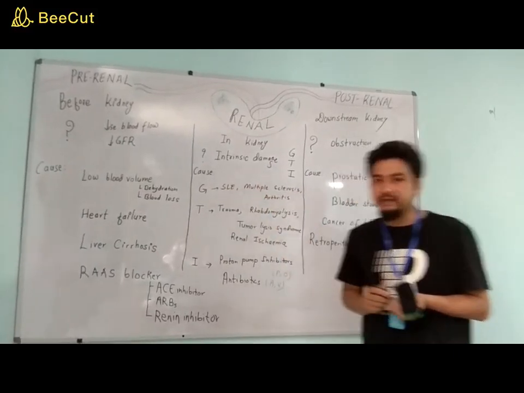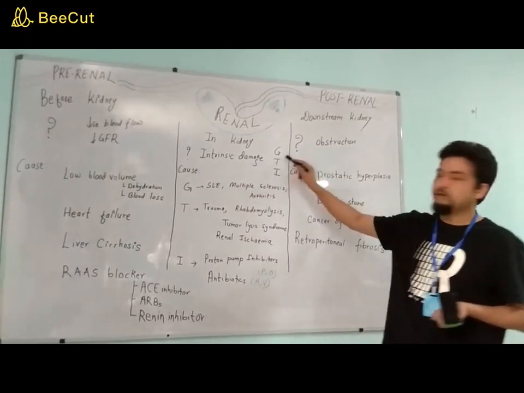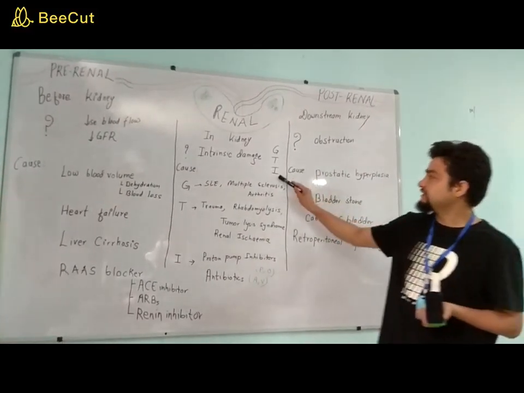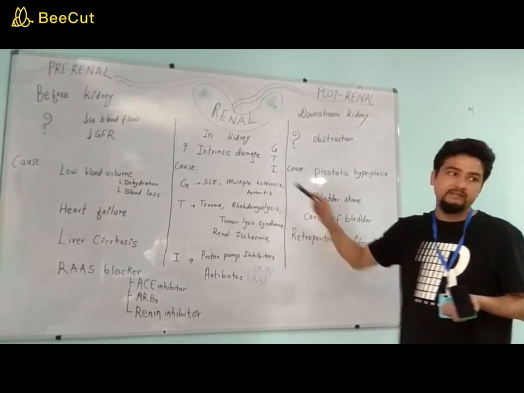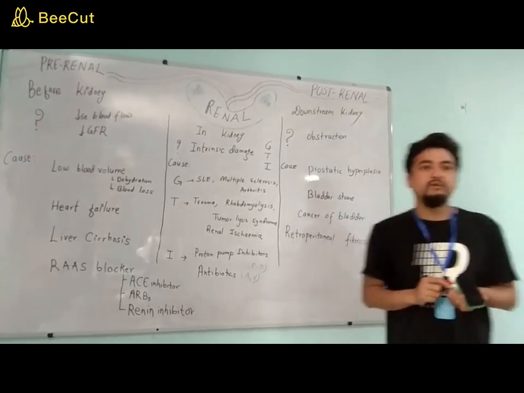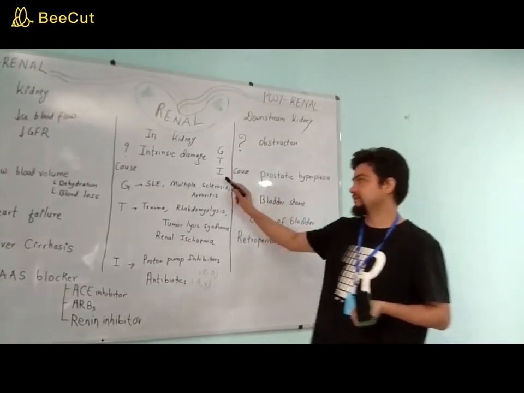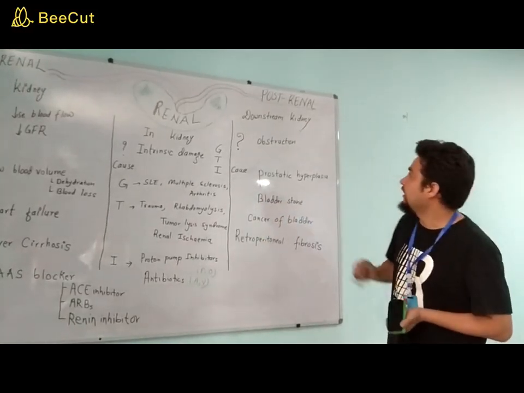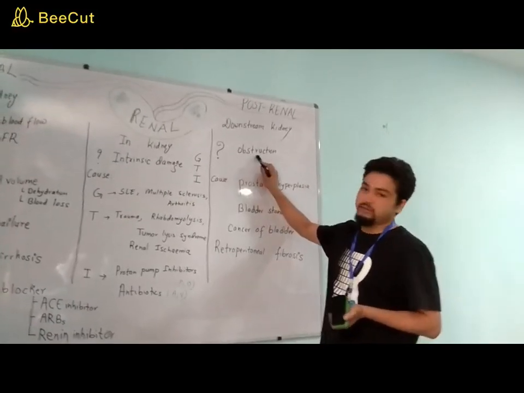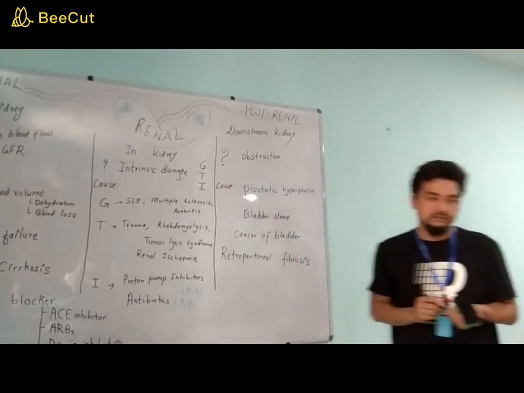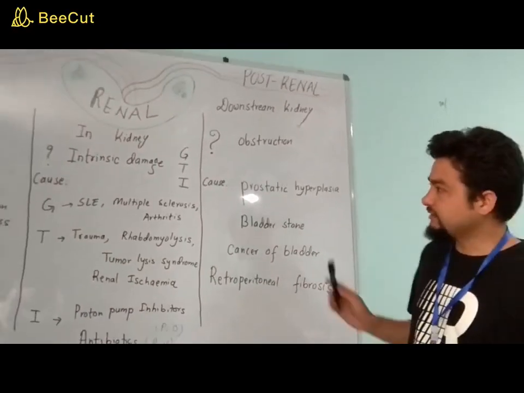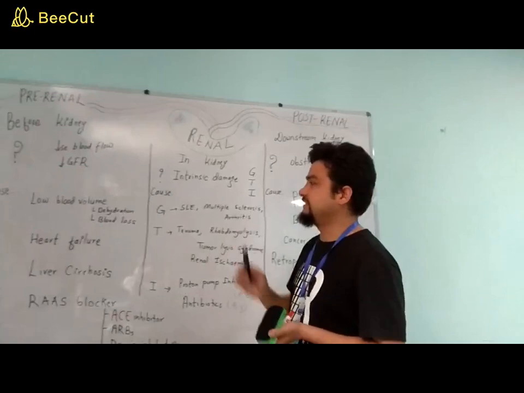The damage can be in the glomerulus, or in the tubule of the kidney, or in the interstitium of the kidney. Interstitium is the part which consists of cells, matrix, and peritubular space or intratubular space. And in post-renal disease, what happens is obstruction. There can be obstruction in the urinary tract. Now let's discuss the causes of these diseases.